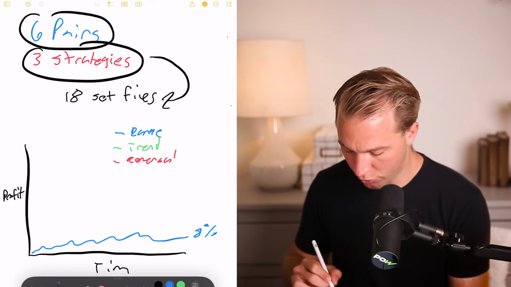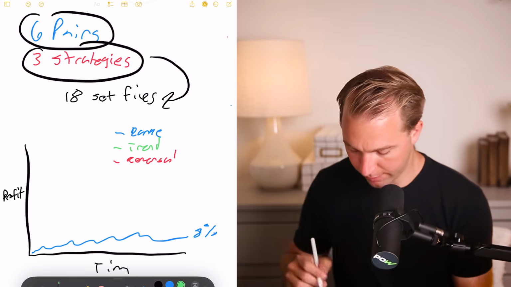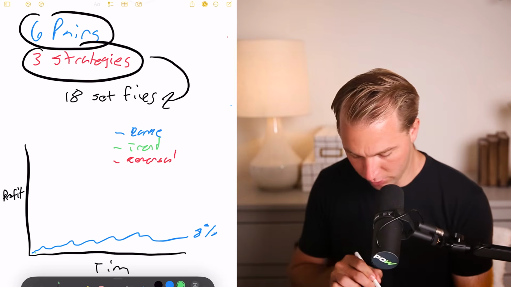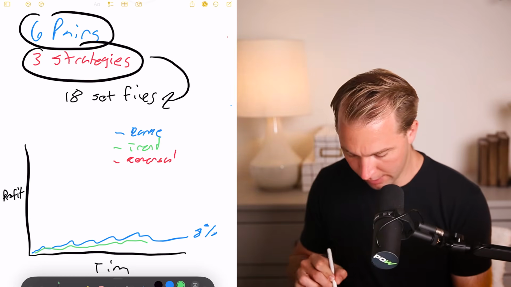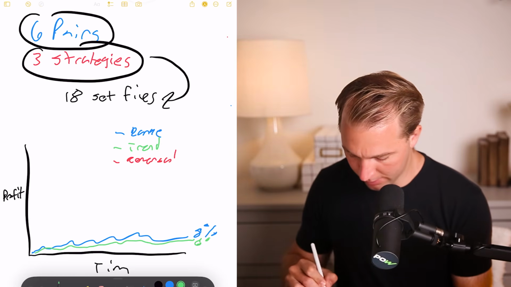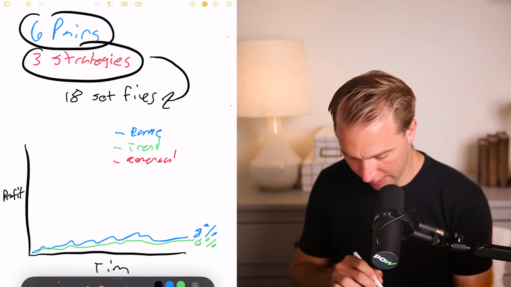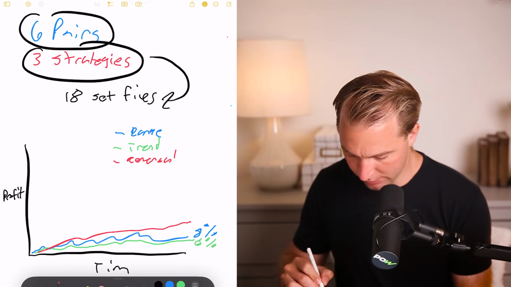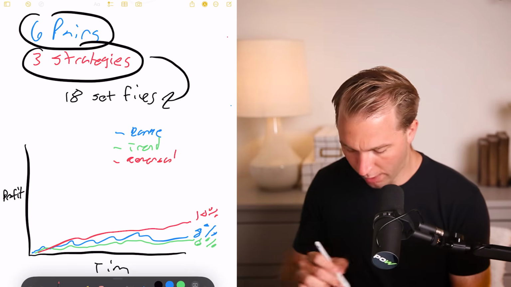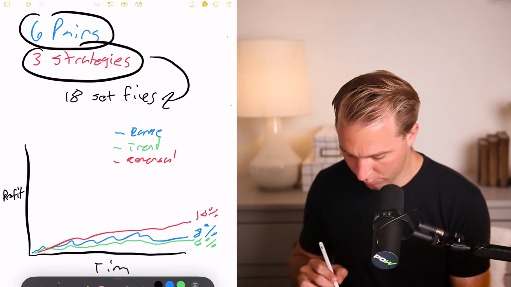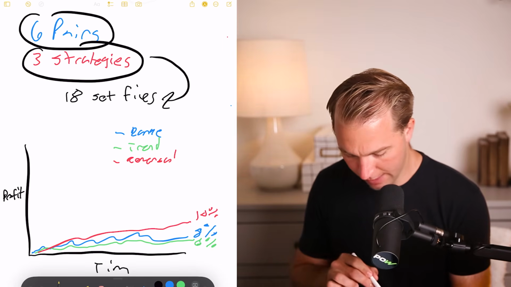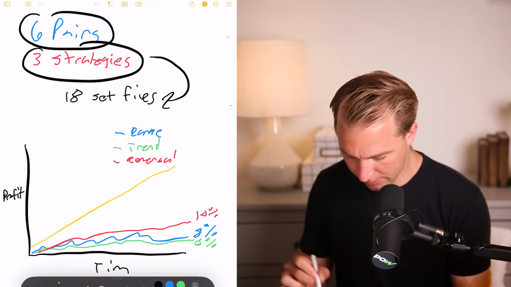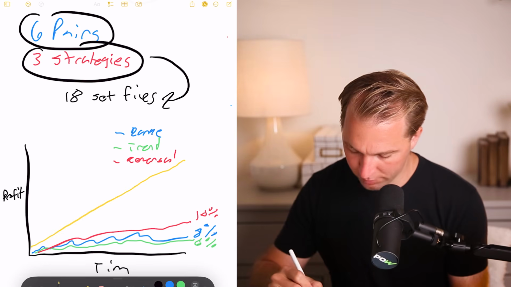But okay, so your range set does about 8%, and then you've got a trend set that maybe is doing 6%, and then maybe your reversal set does pretty well, for whatever reason, does 10%. Well, the combination of all 3 of these, we will draw with our yellow line, actually looks like this. And it's doing 24%.